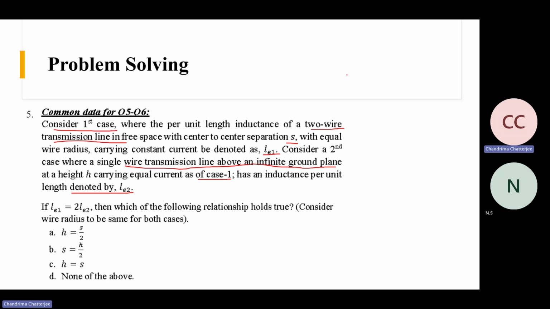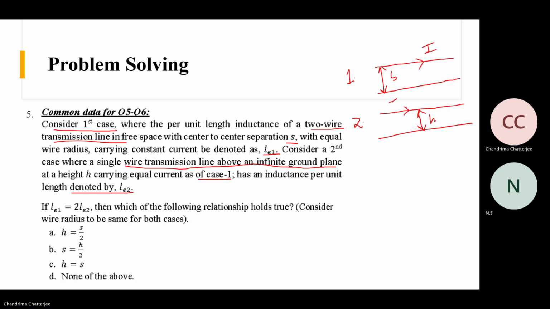So the first case is a two-wire transmission line carrying the same current, separated by a distance S, and the second case is a single transmission line at a height of h from the infinite ground plane, carrying the same current I, and the wire radius is also the same.